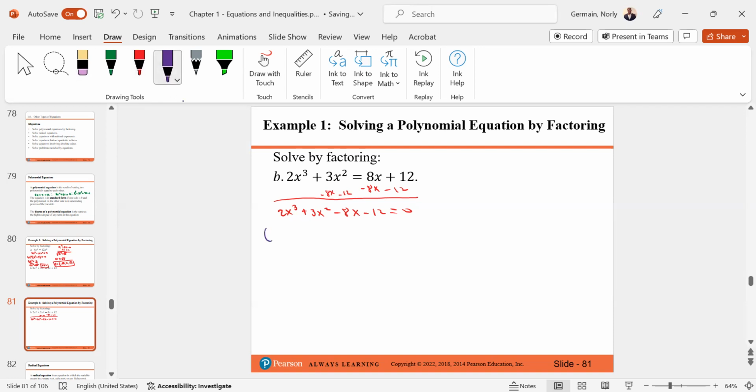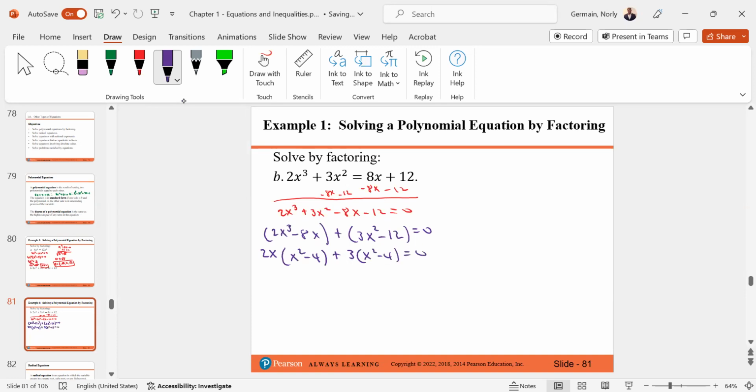I'm going to combine 2x cubed minus 8x, they have a common factor, and 3x squared minus 12. You see this? Still have a common factor, because in the first one we have 2x as a common factor, leaving x squared minus 4. From the second one, we have 3 as a common factor, leaving x squared minus 4.